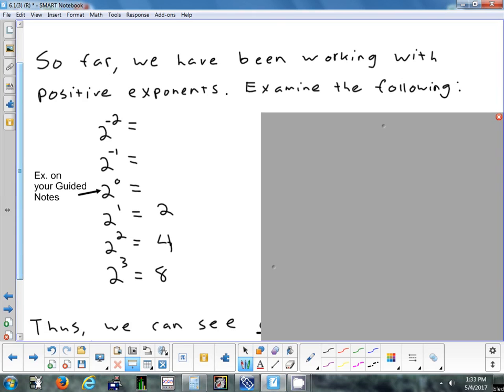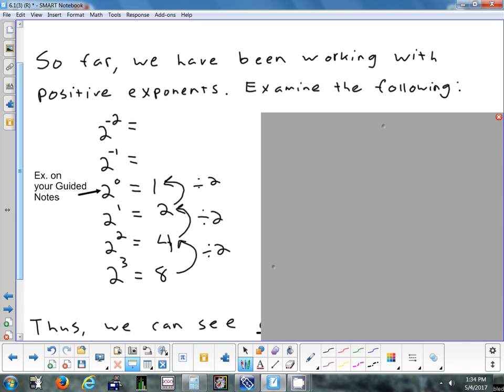Let's think of it as dividing by 2. So to get from here to here, we divided by 2. How about from here to here? Divided by 2. So what do you think we're going to do to get to the next one?